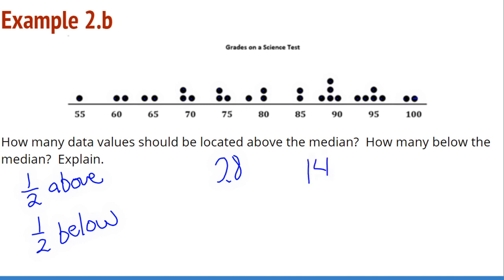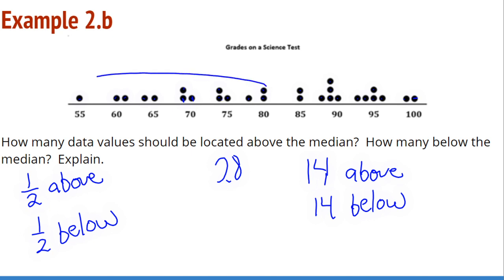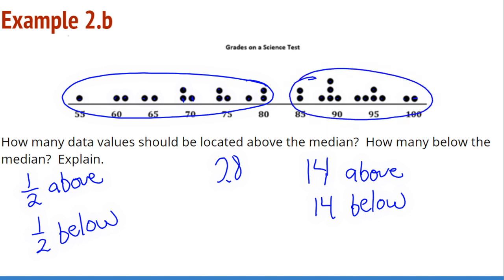We want 14 above the median, and we want 14 below the median. So we could count here. 1, 2, 3, 4, 5, 6, 7, 8, 9, 10, 11, 12, 13, 14. So this is below. And this would be 14 above. 1, 2, 3, 4, 5, 6, 7, 8, 9, 10, 11, 12, 13, 14.